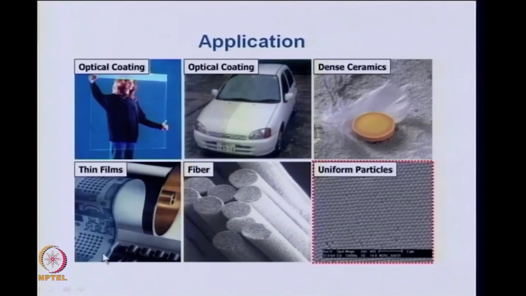Now, you can make thin films on top of some substrate like shown here using sol gel chemistry. You can have powders. The ceramics you can put in a mold and get powder rods like this which have certain applications. Then you can just have a layer of uniform particles on a surface made through the sol gel process.